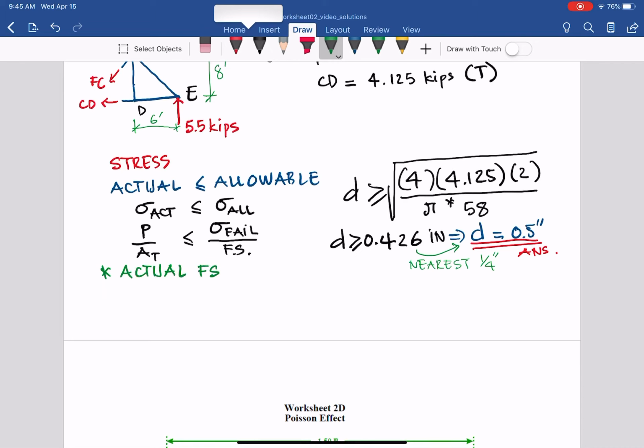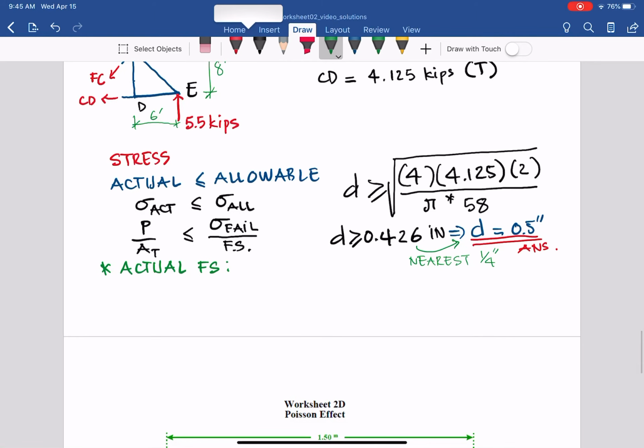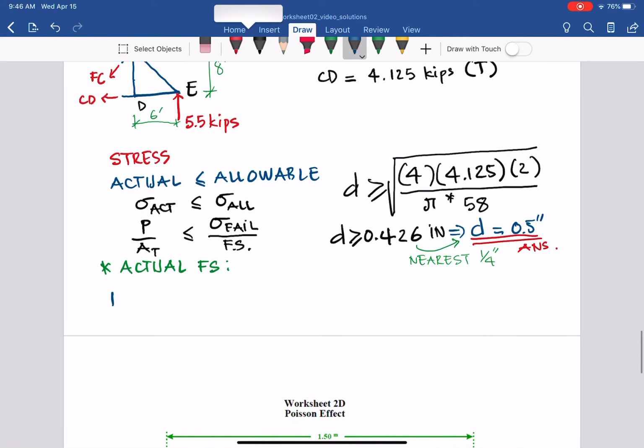The factor of safety is always equal to sigma fail over sigma allowable.